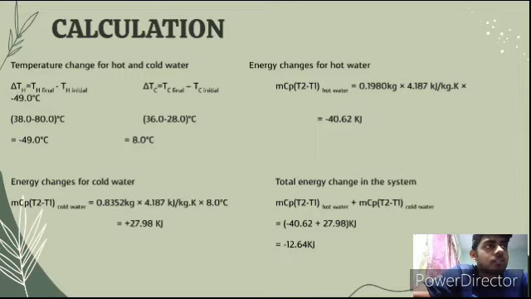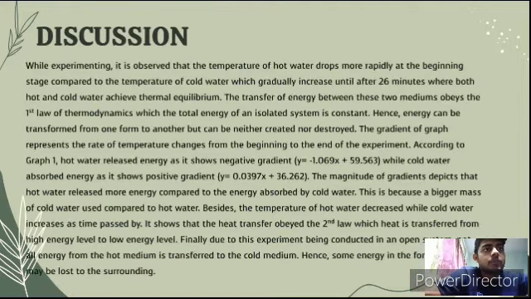And then the total energy change in the system, we calculated by adding both the values, we get negative 12.64 kilojoule.